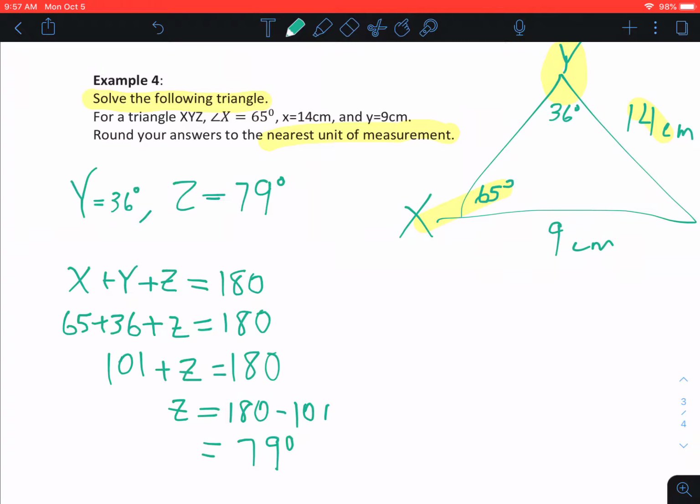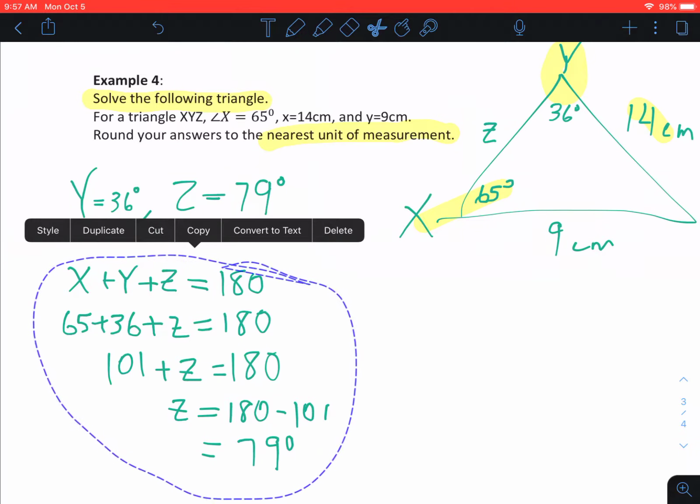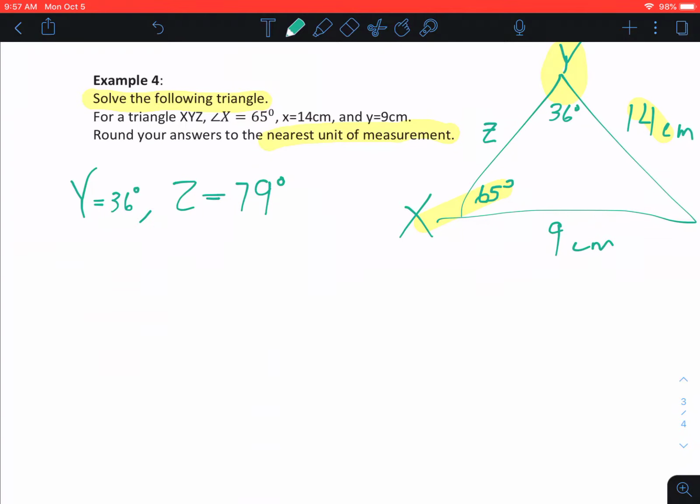All we need to do now is find the length of side Z. I'm going to erase my math here to give us some space, and let's use our sine ratio. Side Z over sine of 79 is going to equal, and it doesn't matter which side we use, so let's use side Y, 9 over sine 36.